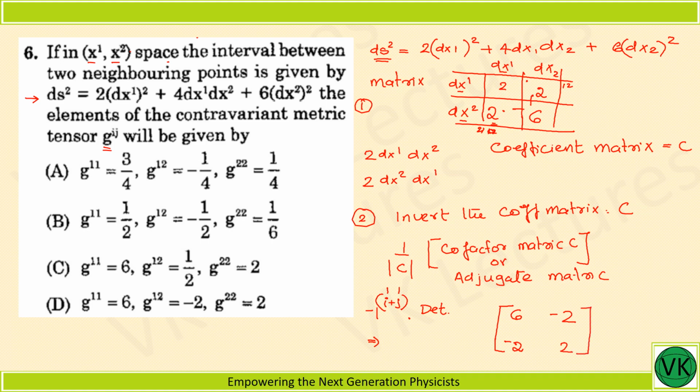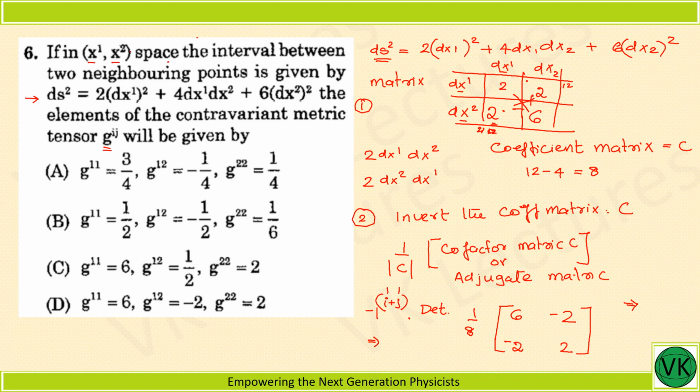If you don't know, please understand how to find the cofactor matrix for a 2 by 2 matrix. Now the determinant of this coefficient matrix: the product of this minus the product of this, so 12 minus 4, which is equal to 8. We have to divide by 8.